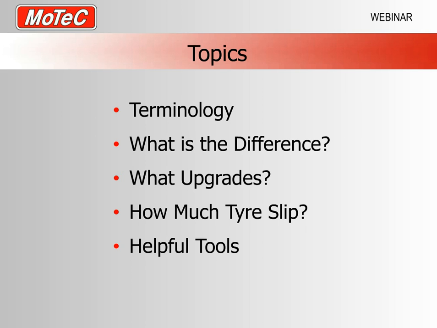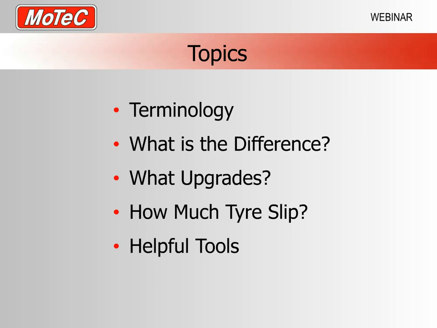Today's topics, first of all I'll just explain some terminology. It's mainly Motec jargon, or how we refer to things. It's always good to clear it up just so everyone knows what we're talking about. What is the difference between the launch and traction control functions? What upgrades do you need for the ECU?